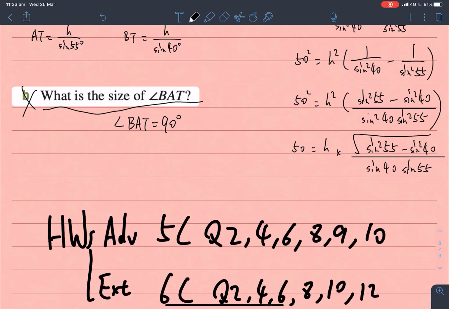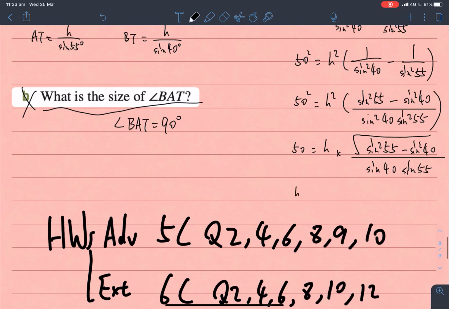So if we arrange it, we realize H equals 50 sine 40 sine 55 over the square root of sine square 55 minus sine square 40.